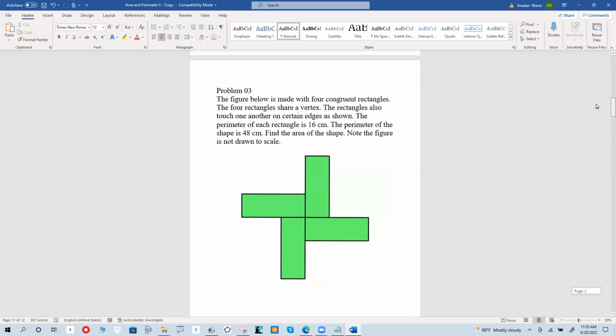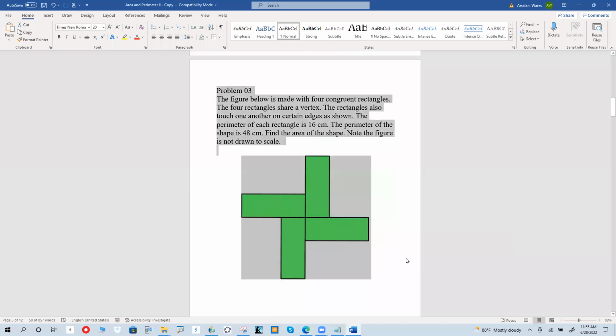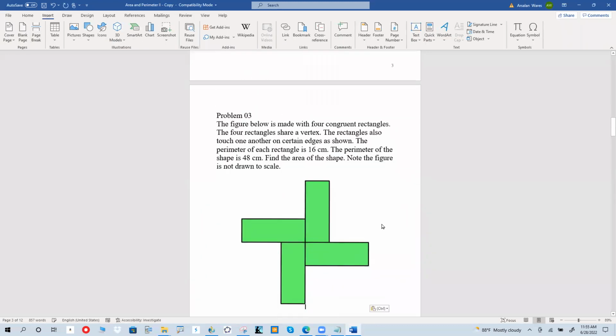Let's try this windmill problem. Save it here. I'm going to make this one 32. And I'm going to make this one 48. I'm going to do this one differently on purpose, okay?